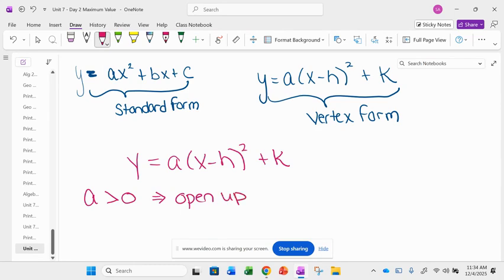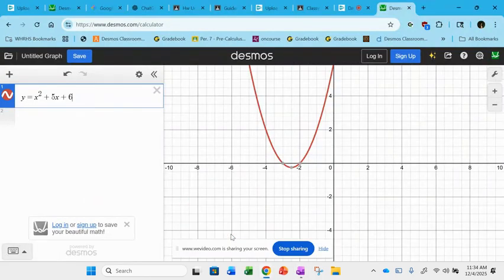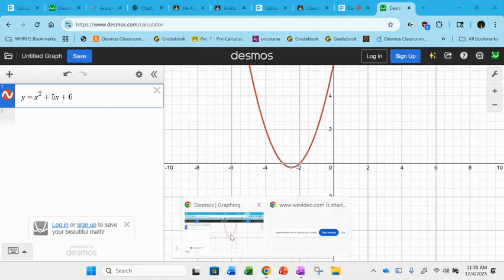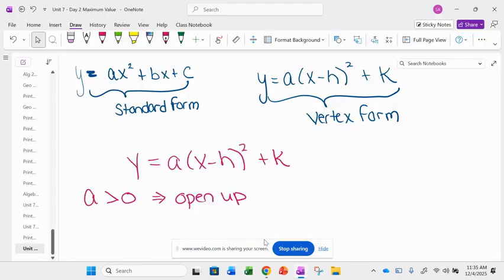And if it's opening up, meaning it's smiling, will there be a minimum point or a maximum point? Minimum, right? Go back to Desmos. This was a positive a, and we had a lowest point. There is no highest point because it's smiling, right? It's going up forever. So there is one lowest point. There is no highest point. So we're going to open up, and that means we're going to have a minimum.